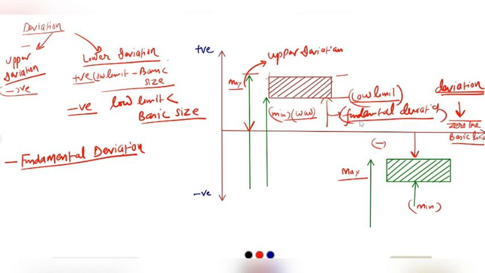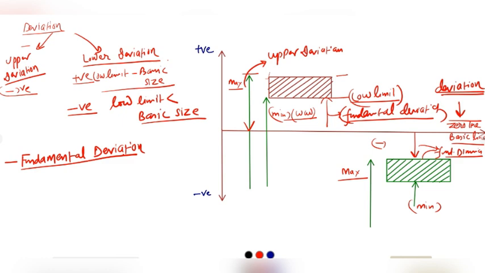So in this first case, this lower limit is the fundamental dimension. However, in this case, the nearest dimension is the maximum limit, so this will represent the fundamental dimension.